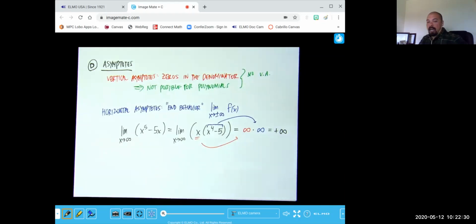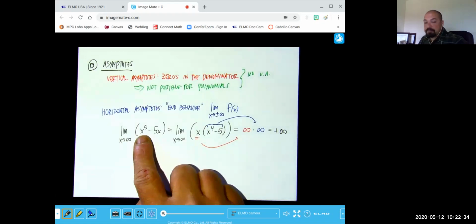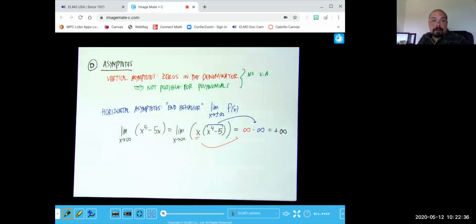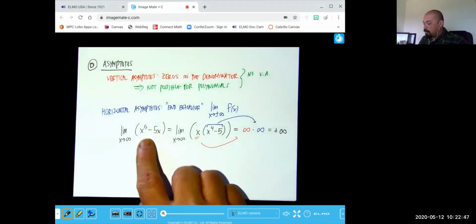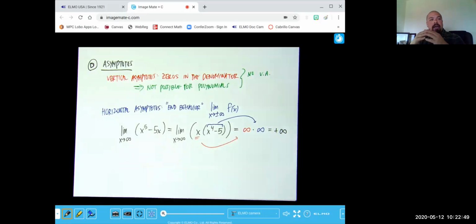So thinking about that context, this x to the fifth is definitely going to take precedence, it's going to dominate. Even though that 5x is going to infinity, growing without bound, it's not going to grow as quickly as x to the fifth. So that subtraction isn't going to cancel out. It's not going to create some weird balance to settle down to a singular value.